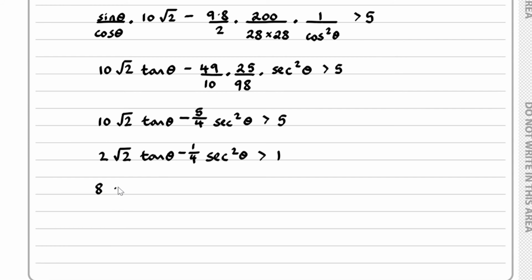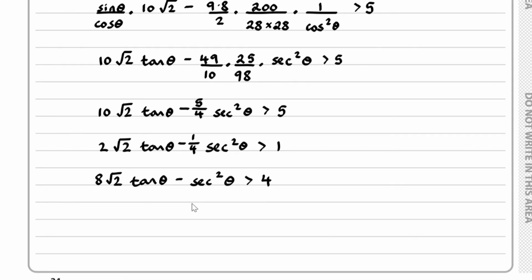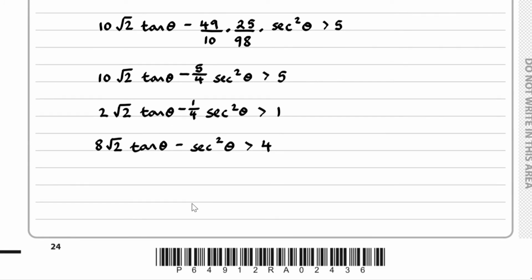So we have 8 root 2 tan theta subtract sec squared theta being greater than 4. And sec squared I can replace with tan squared plus 1. So we have 8 root 2 multiplied by tan theta subtract 1 plus tan theta squared is greater than 4.